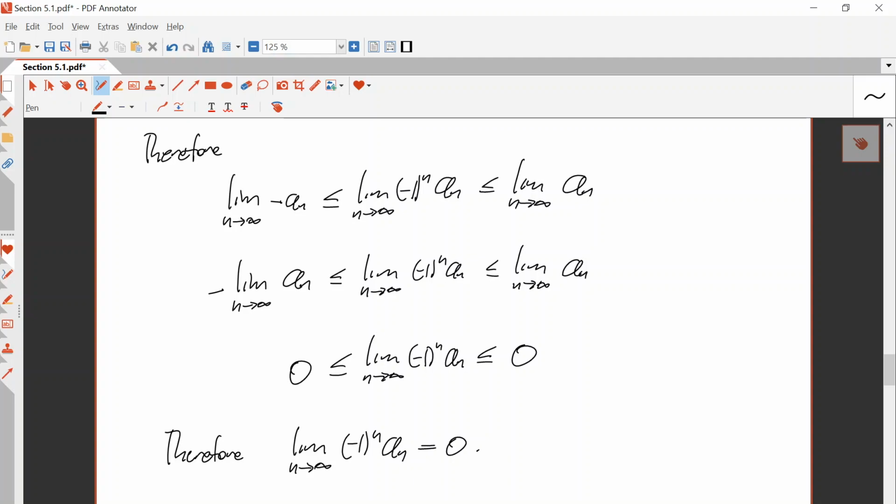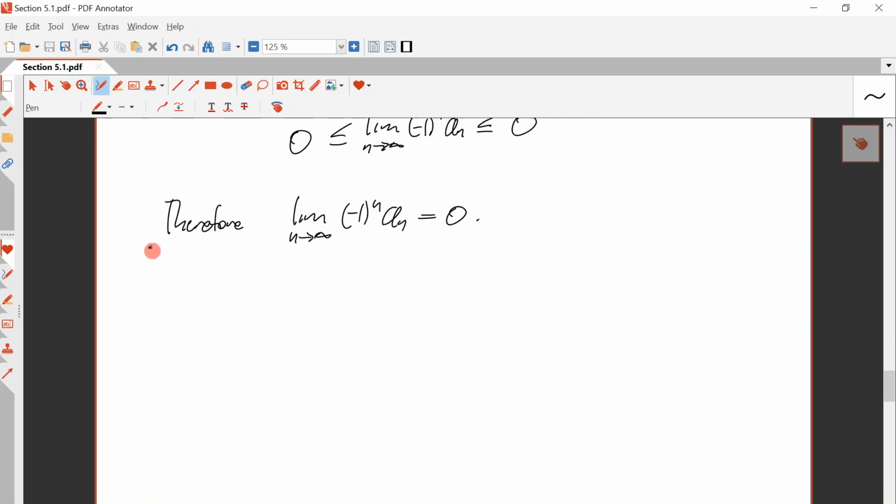Right? So given a sequence of positive terms that converges to 0, you can alternate the terms positive, negative, and it's still going to converge to 0. If a_n converges to anything else other than 0, that does not work. Okay?